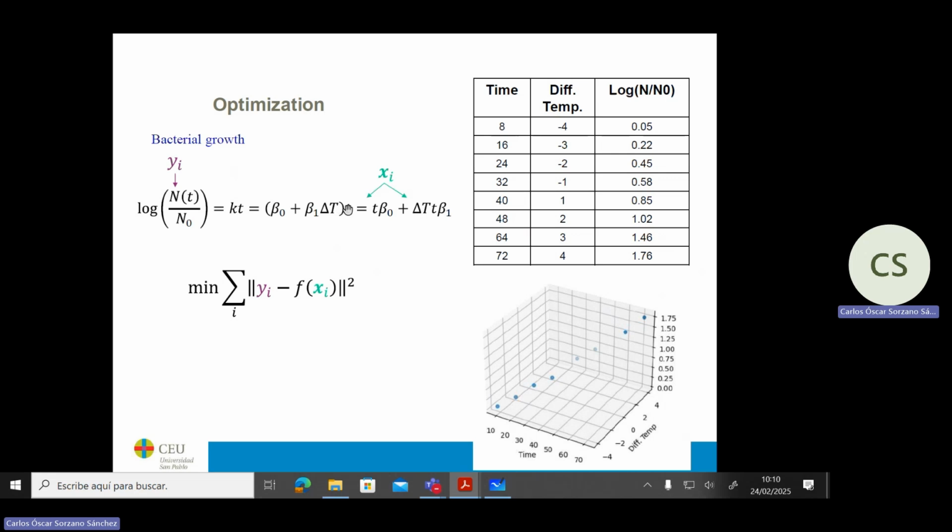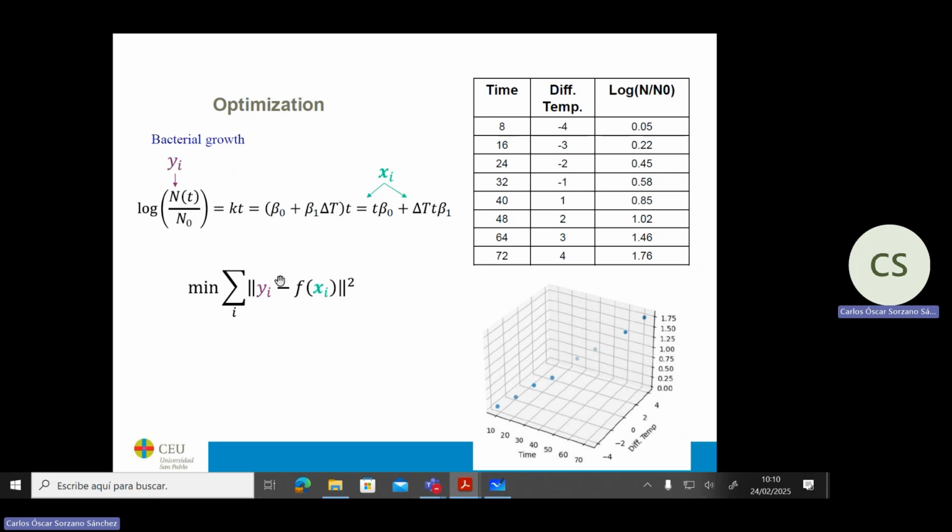And then I have to estimate beta 0 and beta 1 for this model. A possibility to do that is, okay, you are giving me, so what are my predictors? My predictors are time and the difference in temperature.